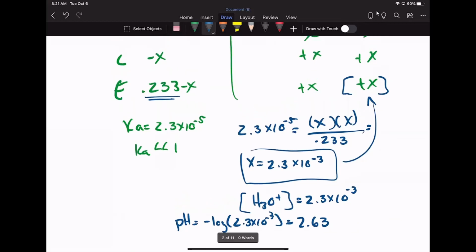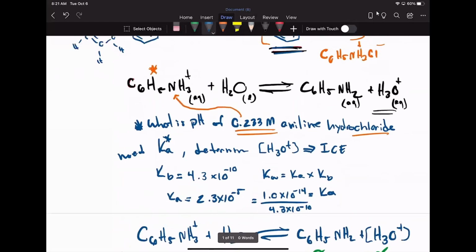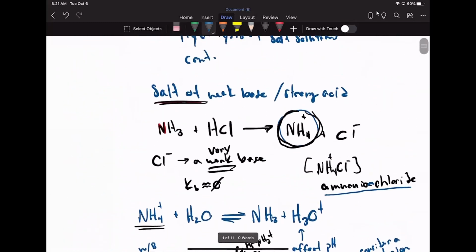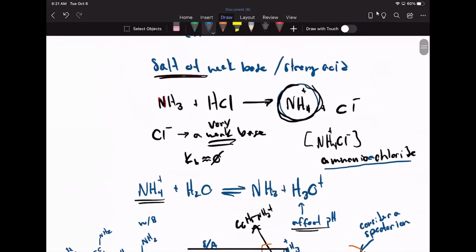Again, I think the most confusing part of this entire thing is when we talk about the salt, and this is really a key word here, the salt of a weak base and a strong acid. This is the salt of that.